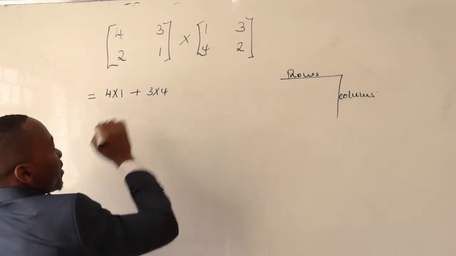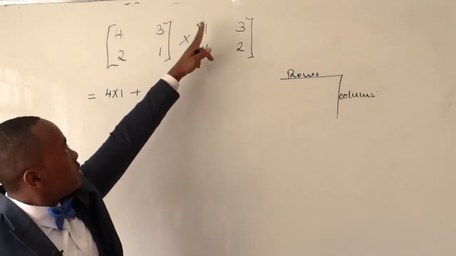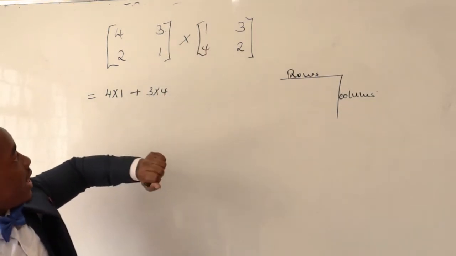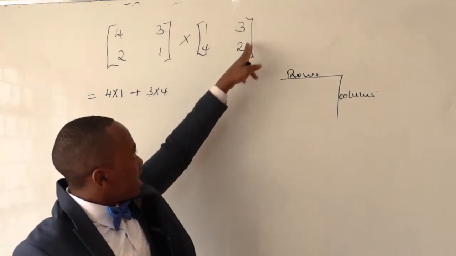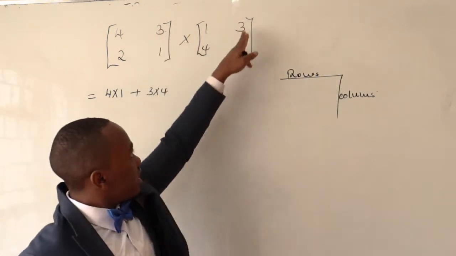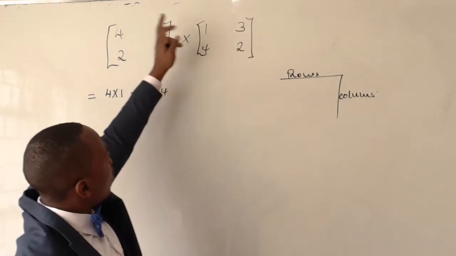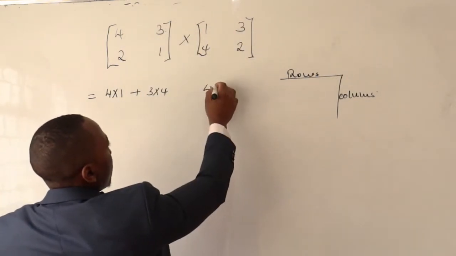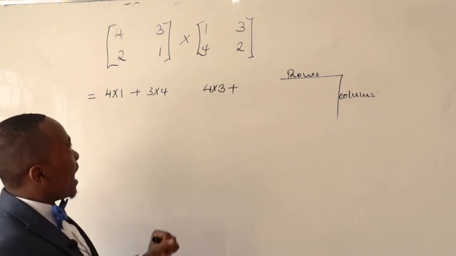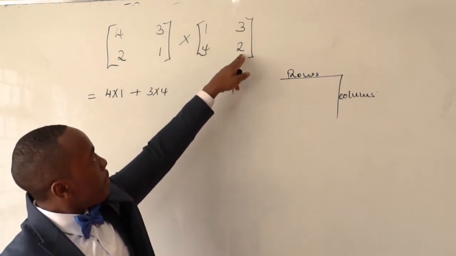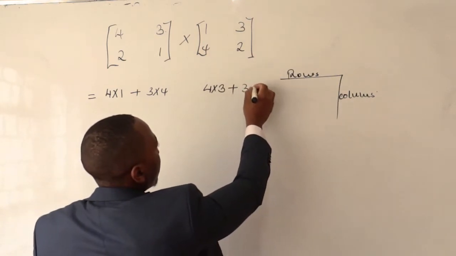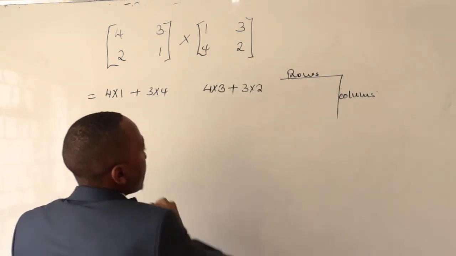That's first row, first column. Then first row, second column. That means I'll take 4 you multiply by 3, then you add 3 you multiply by 2.